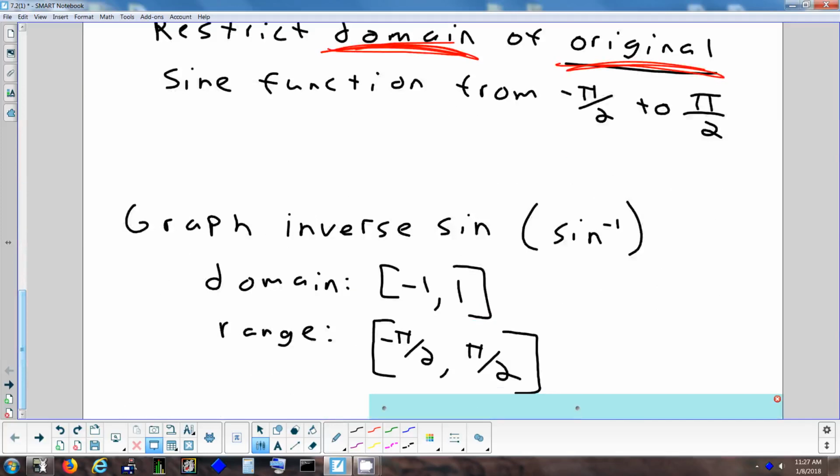That's all that happens with domain and range with an inverse. They switch. The y's turn into x's, the x's turn into y's. And I'll show you in a minute where we would have to use those two facts to do a problem.